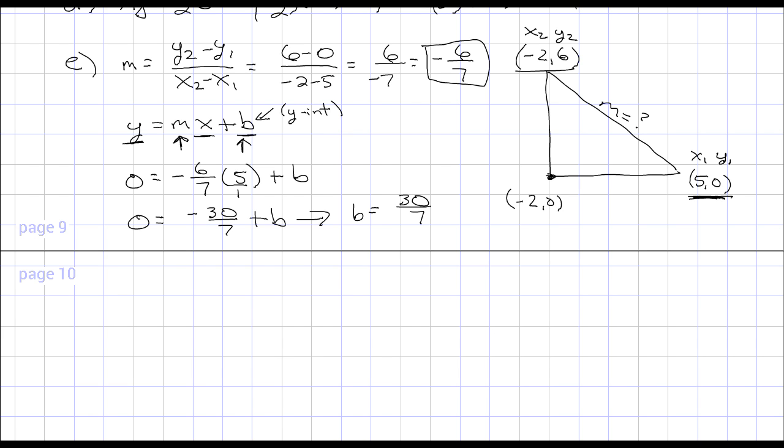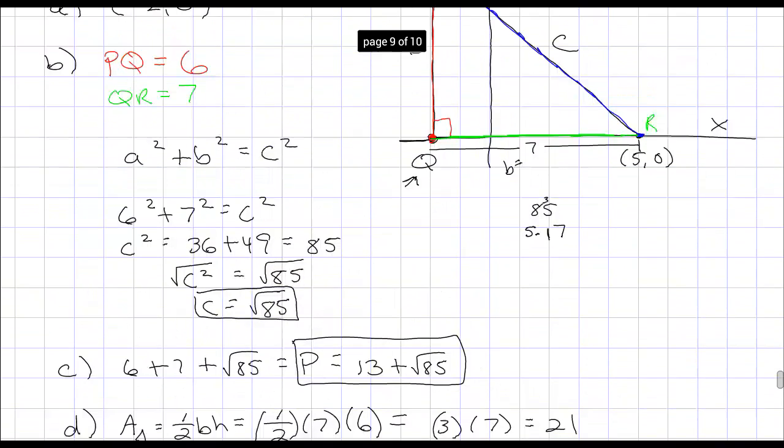And we're just going to leave the x and y alone to come up with the equation. So y equals mx plus b. Y equals the -6/7 x plus the b value, 30 over 7. And that is the equation for the line here. Or back up here in the original picture, the blue line.